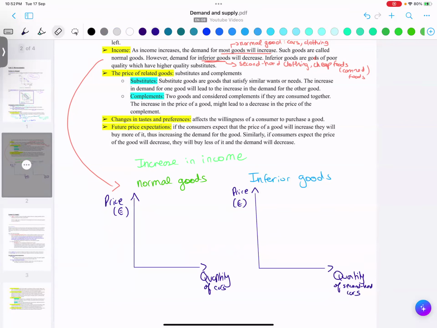So now let's begin. So here we already have our demand curve. We'll call both of these curves D1.